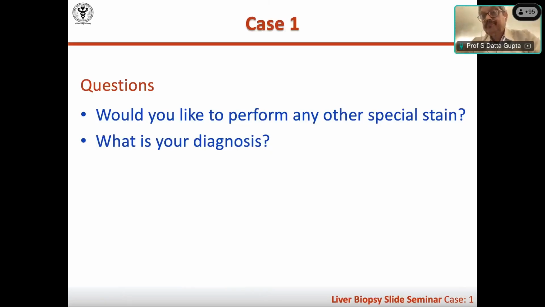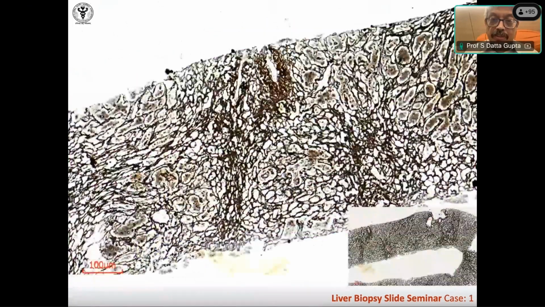All those who wrote acute hepatitis, it's fine. That's okay. But serology for hepatitis A and E. Suman has written submassive necrosis. Okay, good. Right. Let's go back to these slides.